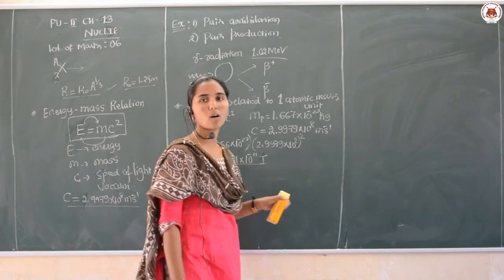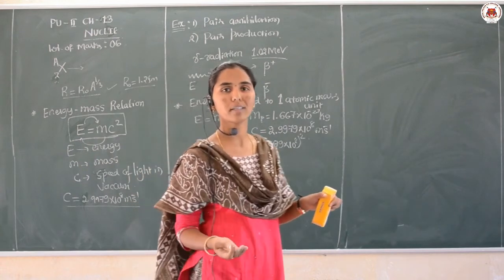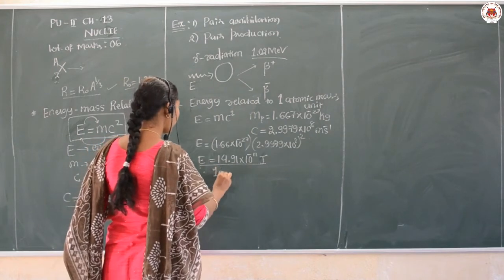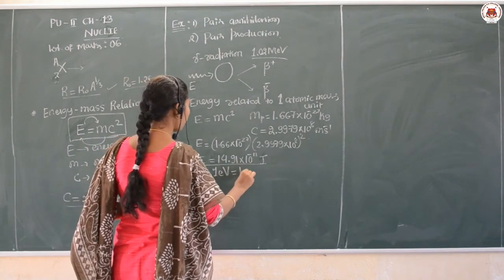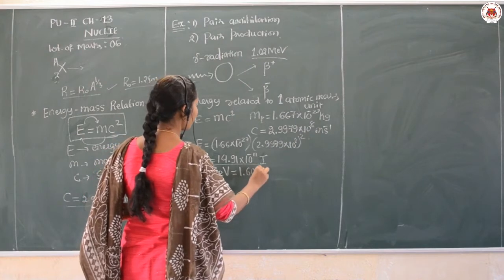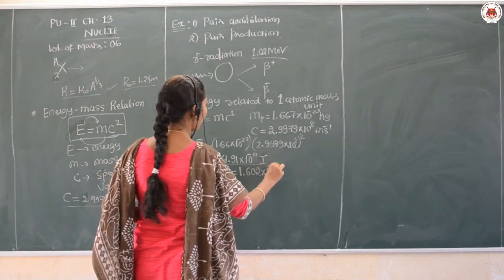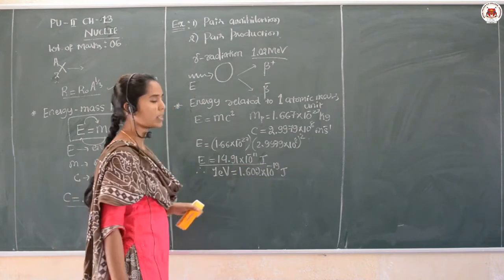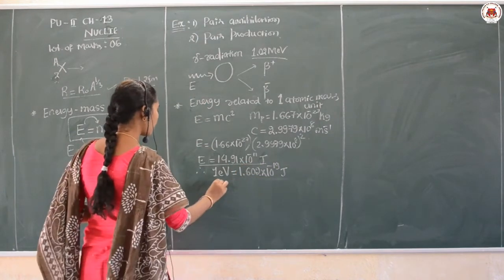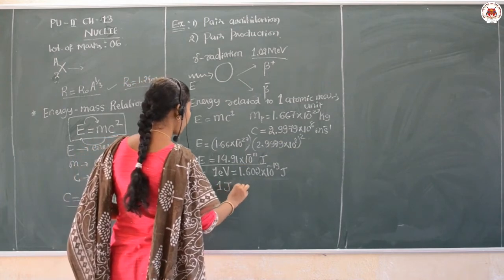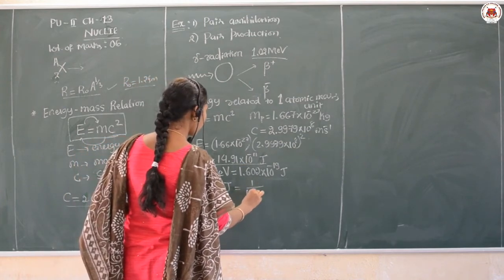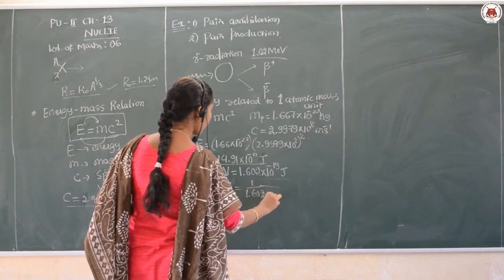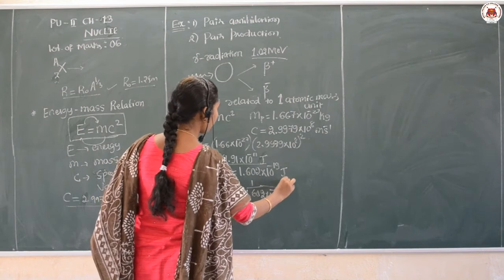But this energy in joules I want to convert into electron volts. We know that 1 electron volt is equal to 1.602 into 10 raised to minus 19 joules. Now I want to convert joule into electron volt, so I can write 1 joule is equal to 1 upon 1.602 into 10 raised to minus 19 electron volt.